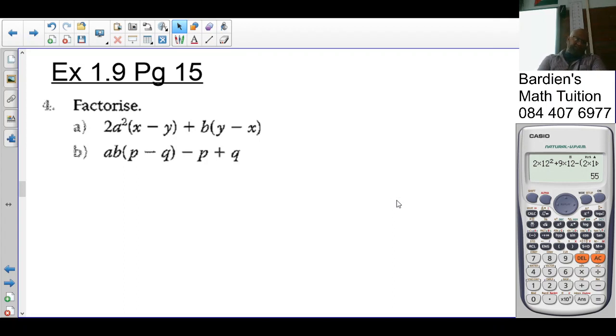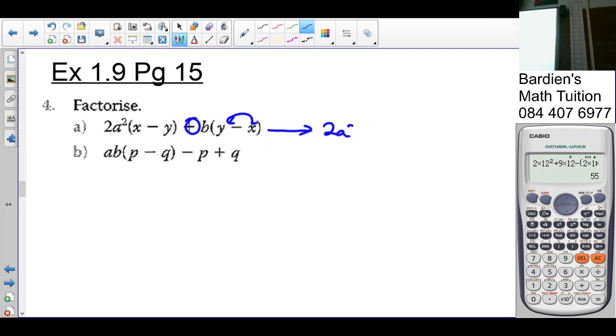For A you got 2a squared minus, into x minus y plus b into y minus x. I know the question wasn't for A, but I'm going to do both. So I need to swap that around first, so the negative is not going to come up. So it's going to be 2a squared into x minus y minus b into x minus y.